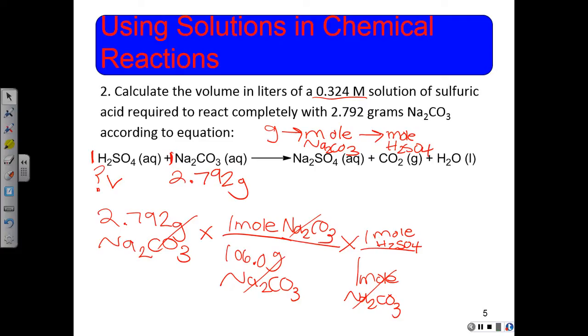So what other piece of information are we given in the problem that we could use to help us find this? If you look up here, we've got 0.324. Molarity is the same thing as what? Moles over liters. So if we look at our conversion, what has to be our units down here? Moles. That helps us out.